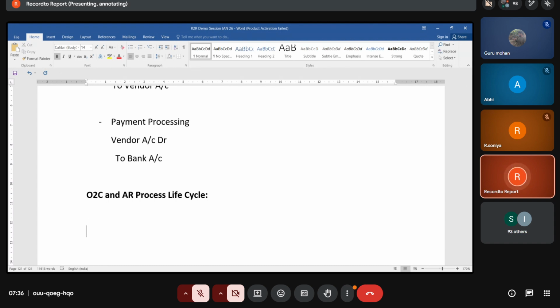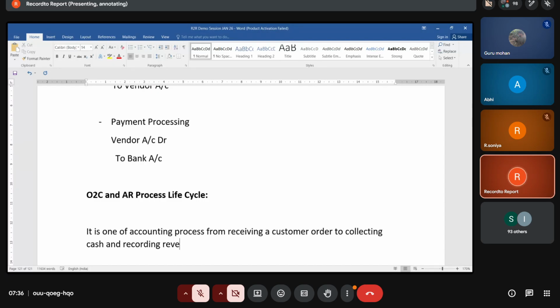It is one of the accounting processes, from receiving a customer order to collecting the cash and recording the revenue.